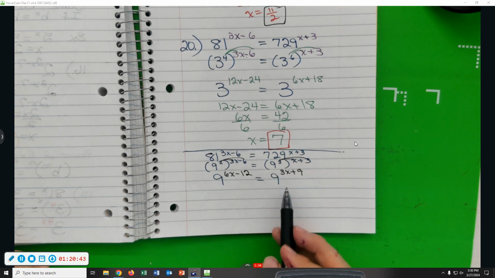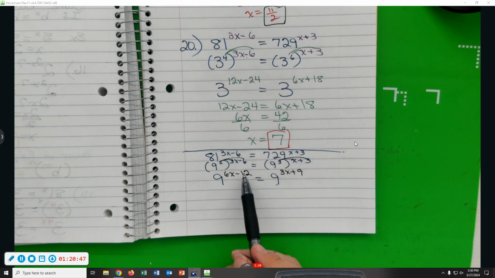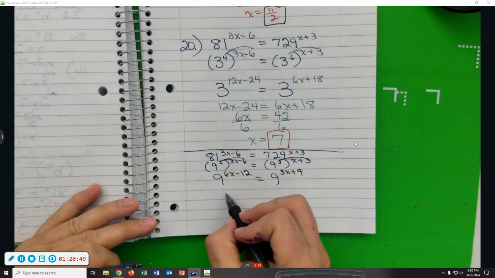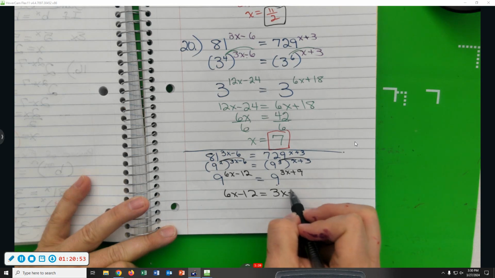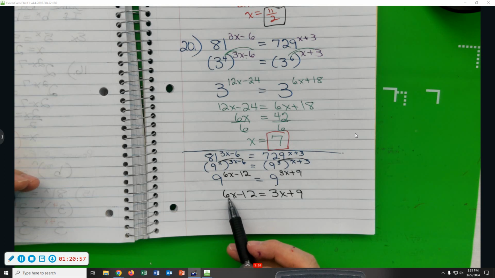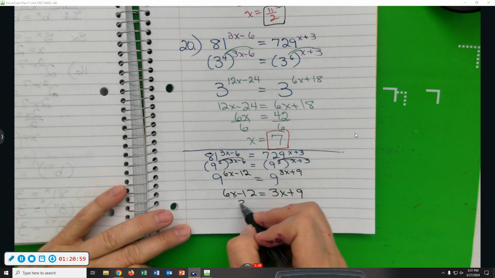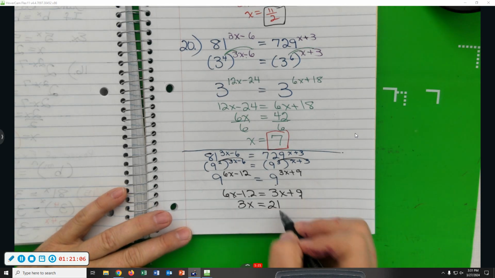Now we have the same base on both sides, no parentheses at all. We can just drop the 9s and we get 6x minus 12 is equal to 3x plus 9. Subtract 3x. 6x minus 3x gives us 3x. Add the 12. 9 plus 12 gives us 21.